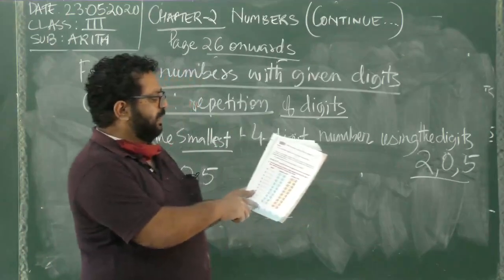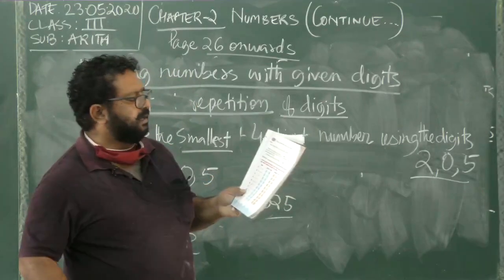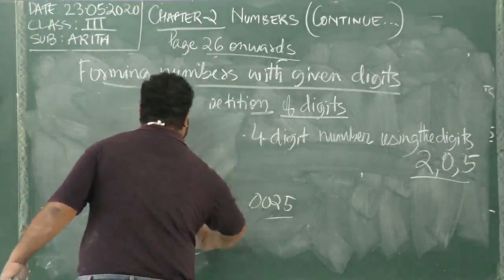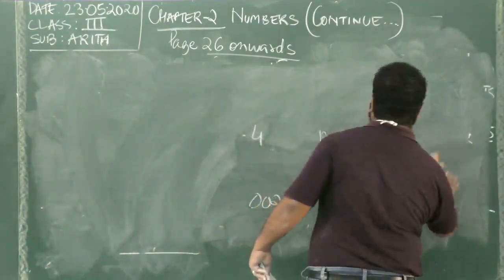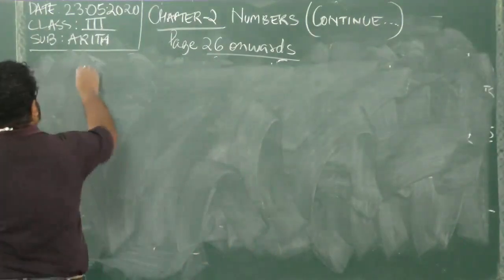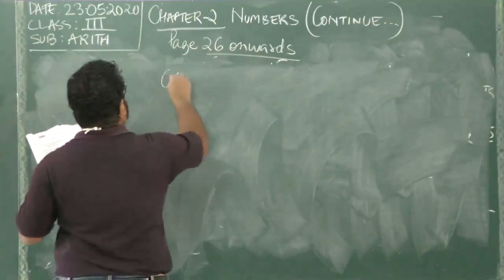Exercise 2H. Very nice, simple it is. There are digits given to us. You have to make the greatest number and the smallest number in those columns. So I'll just do one for you and then you can do the rest.